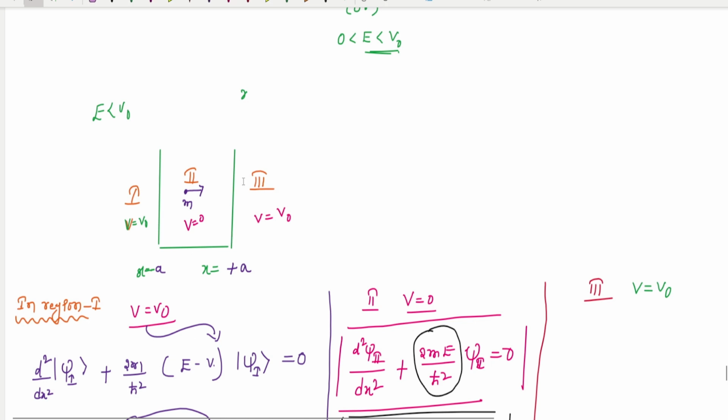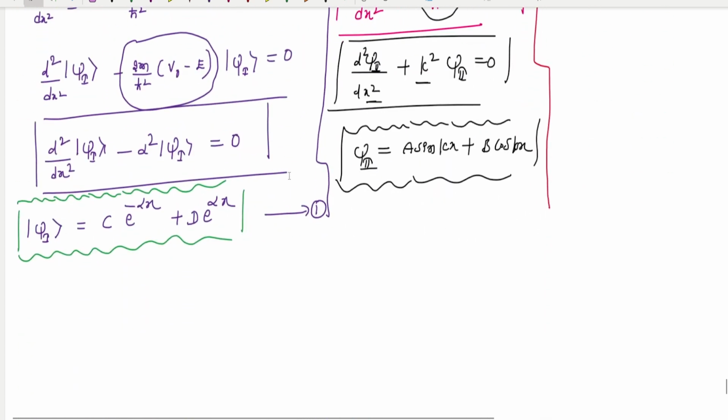In an infinite potential well, outside the potential box, the wave function is 0, right? So here I'm going to use the condition again, equation number 1. At x tends to infinity, I'm not using equal to, then we get wave function psi tends to 0.